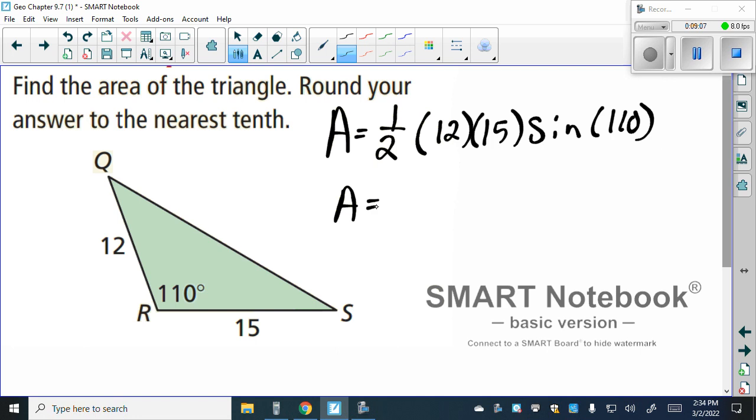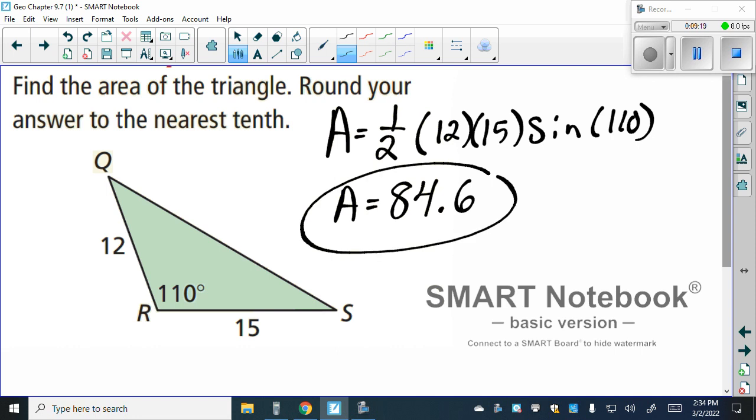And at this point here, we can plug this into the calculator and get our answer, and that's it. That's all we have to do for this here. Any questions on any of this here?